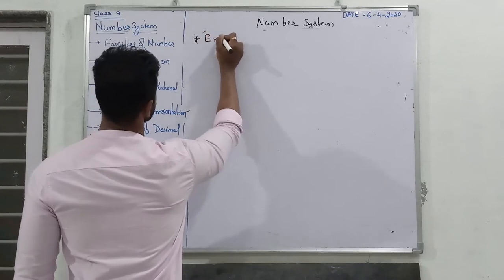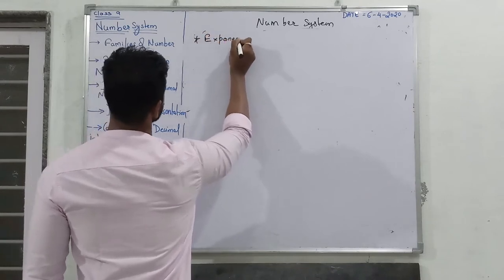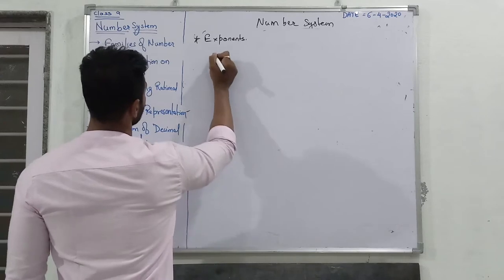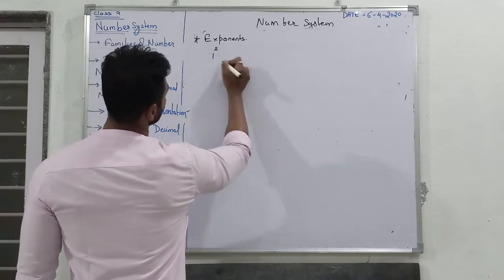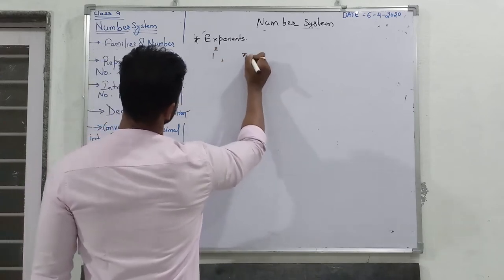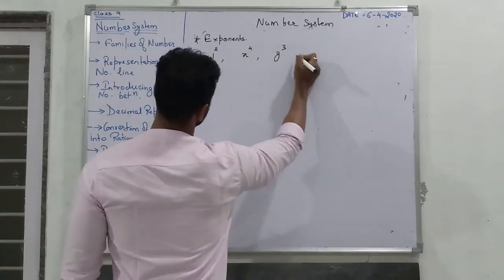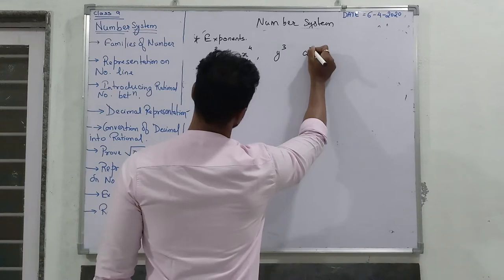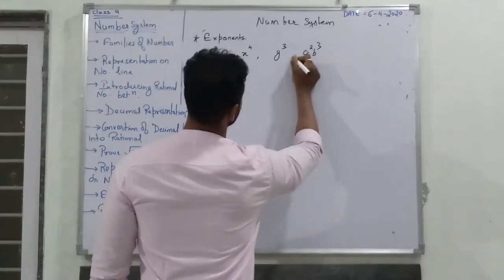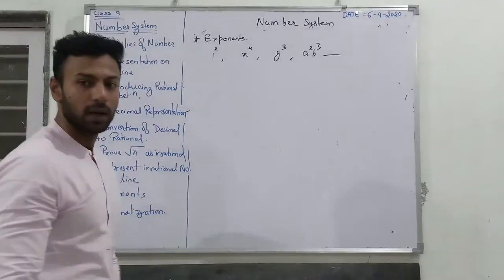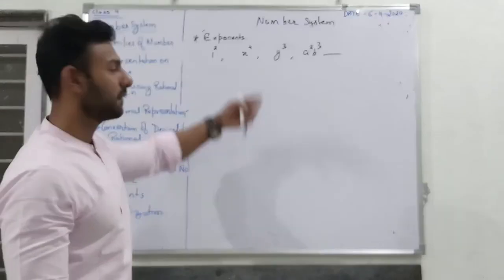So our topic is exponents. Suppose we have the number 1 to the power 2 or x to the power 4 or y to the power 3 and so on, a square, b cube and so on. All these terms are generally in the form of exponents.